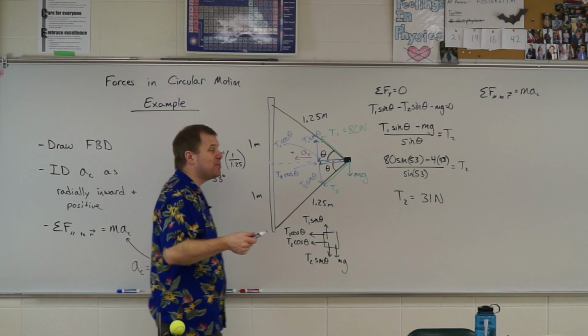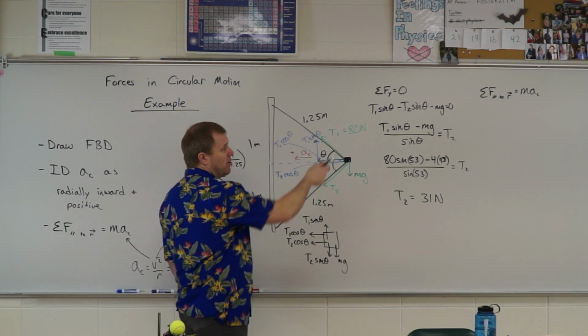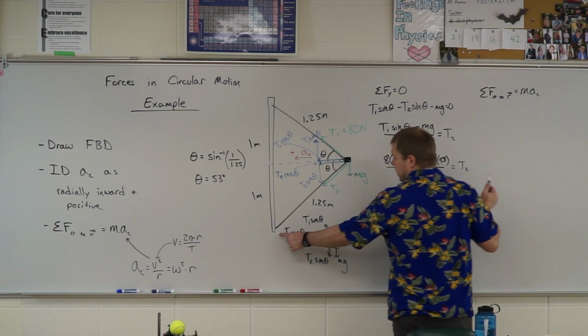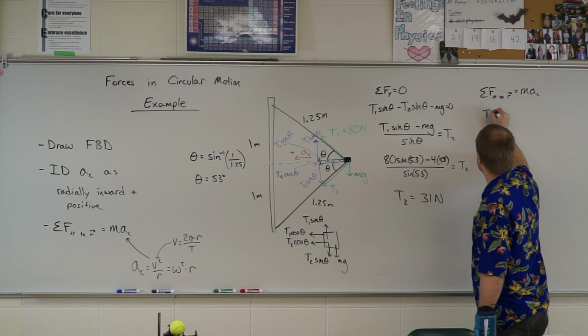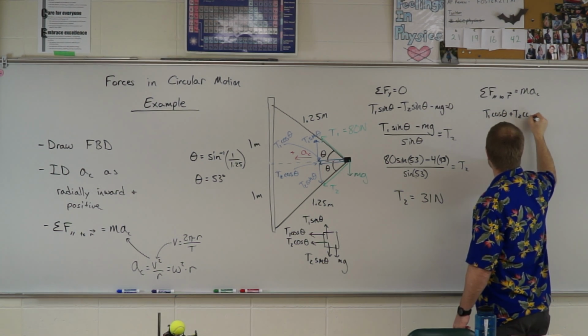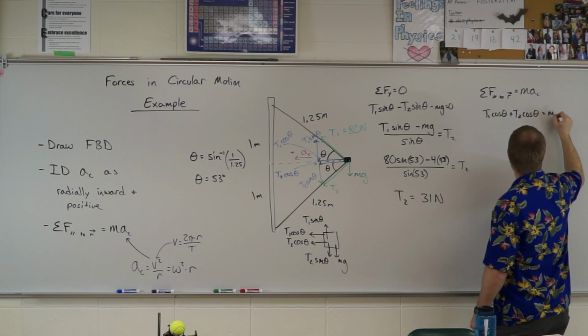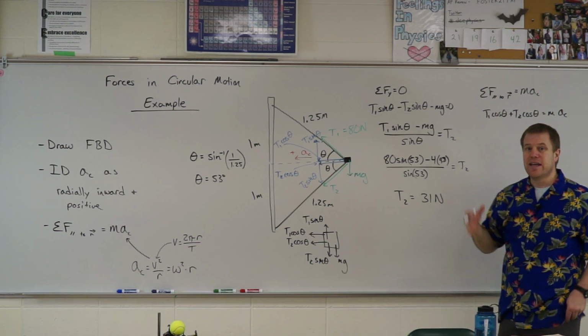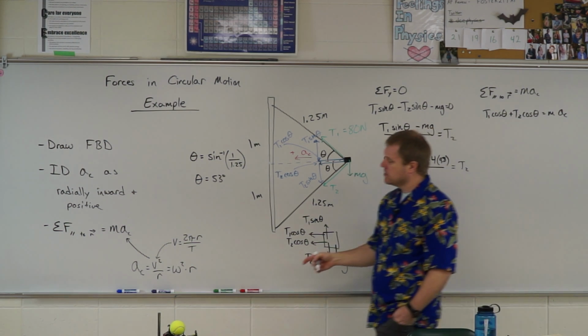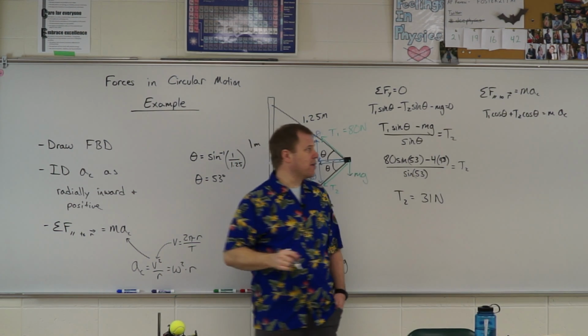Now to find the speed at which it rotates, I'm going to have to generate my other equation over here. So I look in my parallel to the radius direction. I have T1 cosine theta plus T2 cosine theta equals m a_c. Now inside that a_c is that speed we are looking for, so we are going to substitute in v squared over R there.